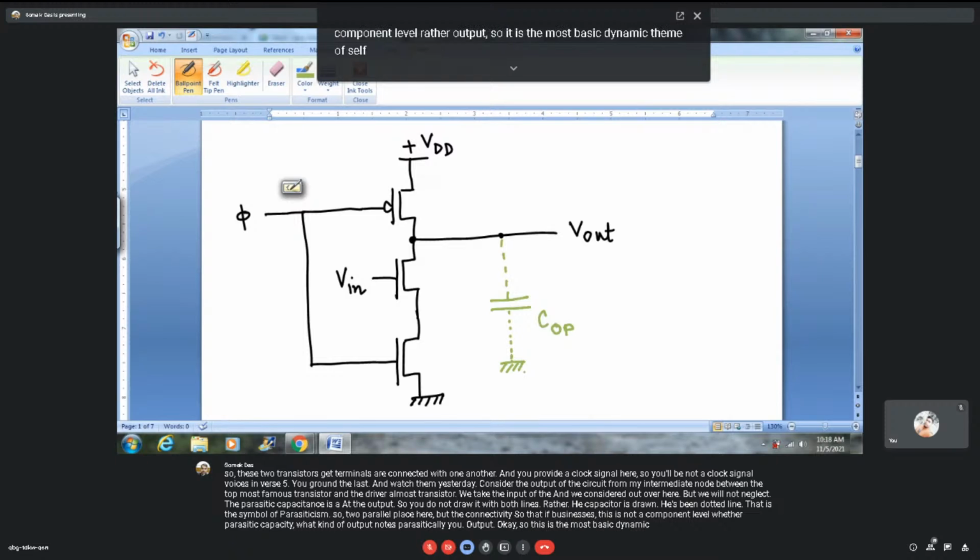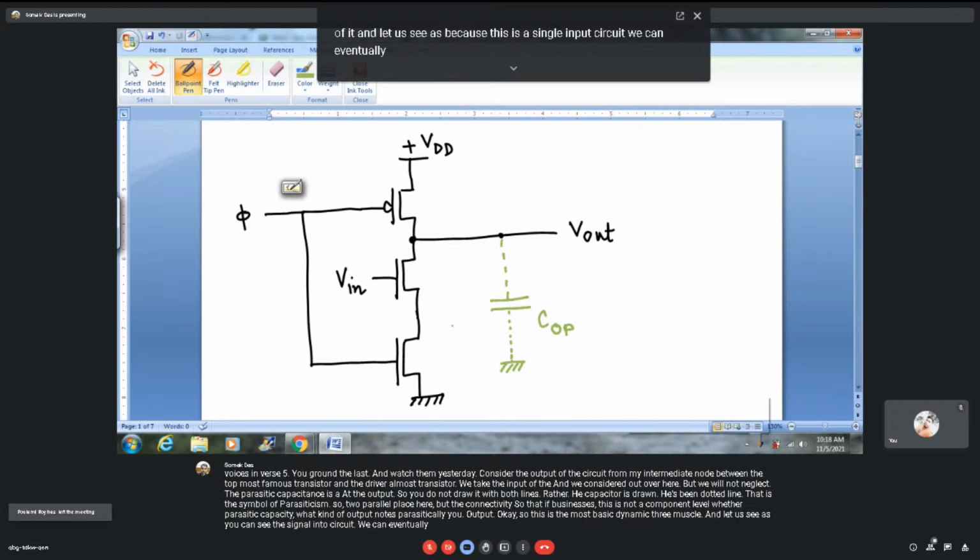So this is the most basic dynamic CMOS circuit. And as it is a single input circuit, we can eventually conclude that this is nothing but an inverter circuit, a single input, single output circuit. But how it operates, that's the most interesting feature.